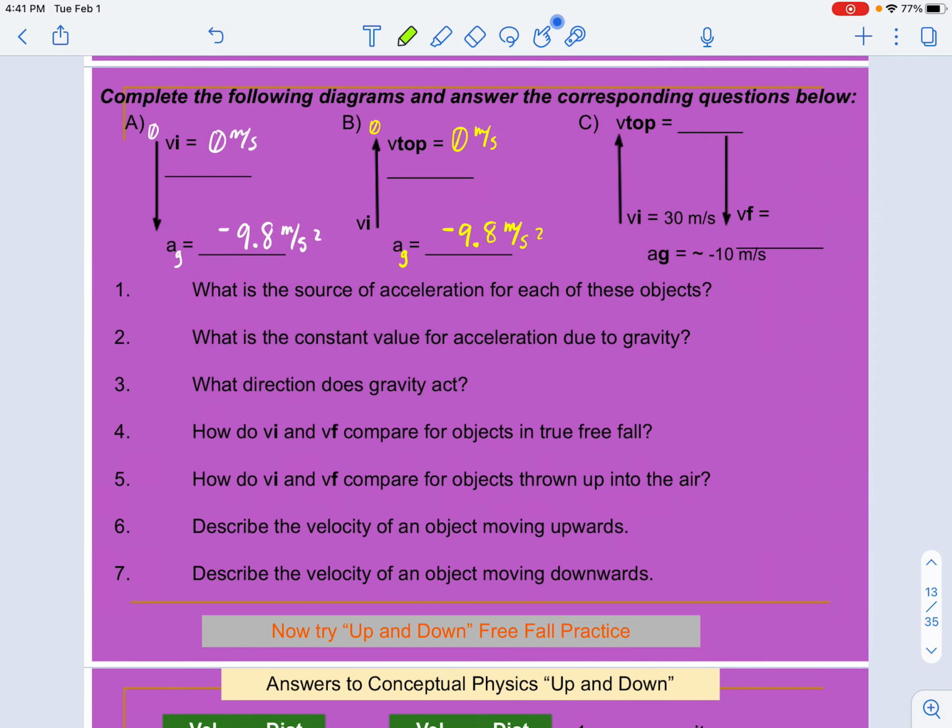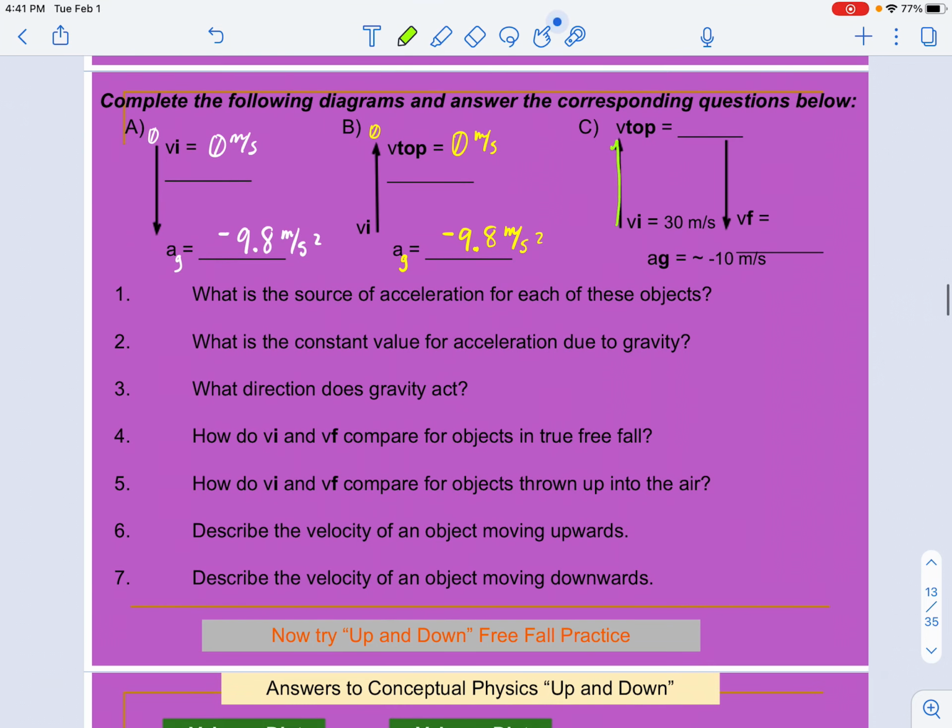Then here in the last situation, we have an object that is thrown up. Once again, when it gets to the highest point, that velocity is 0, and so that's all we're asking you here. Velocity at the top is 0 meters per second. Now they're showing us in the drawing that we have an initial velocity of 30 meters per second when it begins its upward motion. And then we know that the object is going to return.